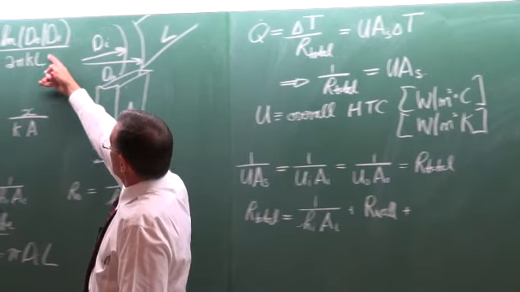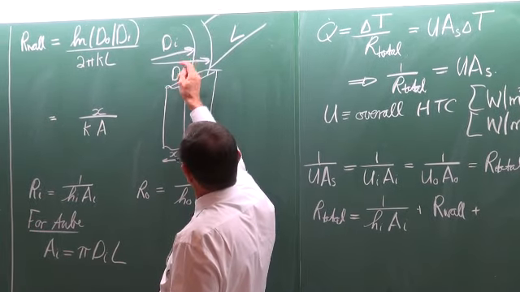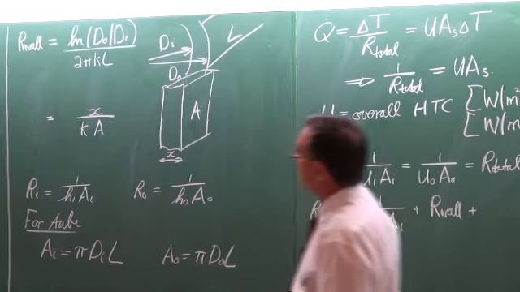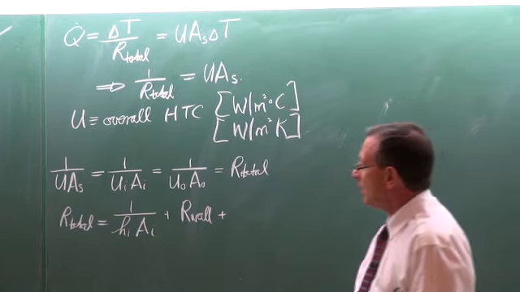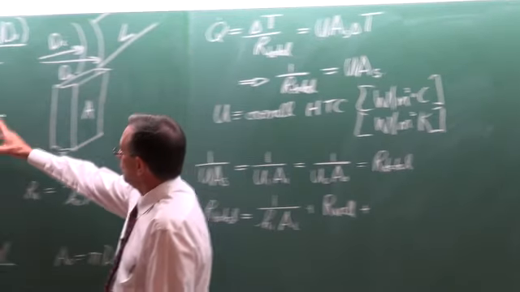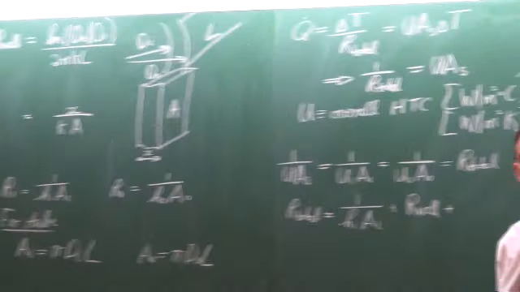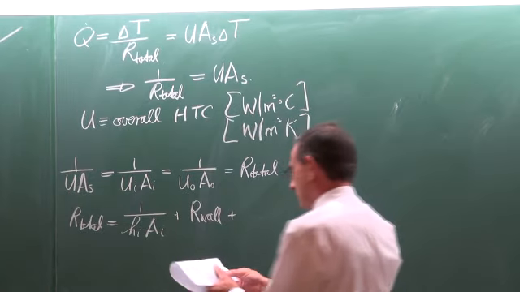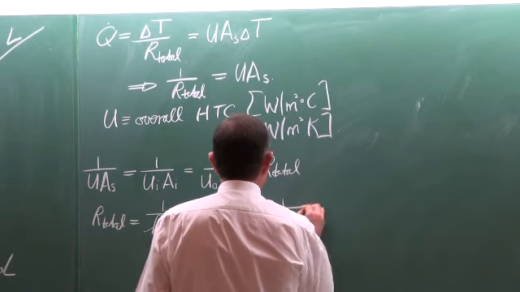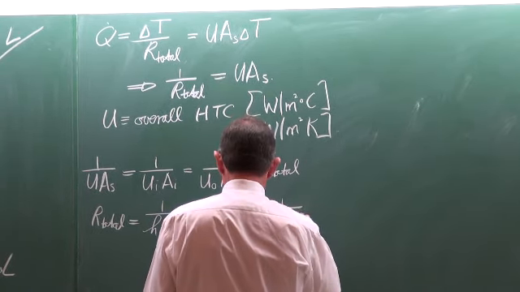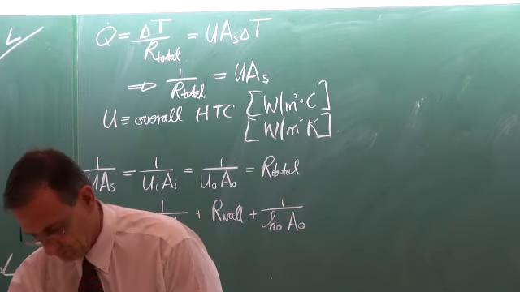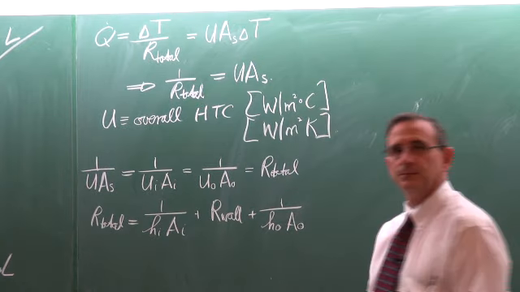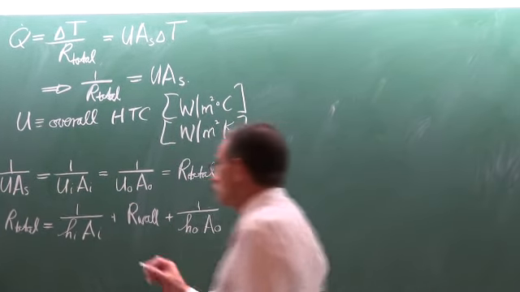It can be either this resistance for a tube, which would be the ln of the diameter ratio divided by 2 pi kL, or for a plain wall x divided by kA, plus 1 divided by the heat transfer coefficient on the outside multiplied by the area on the outside. Okay.